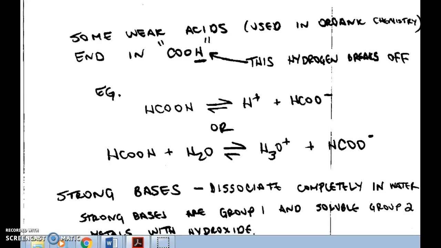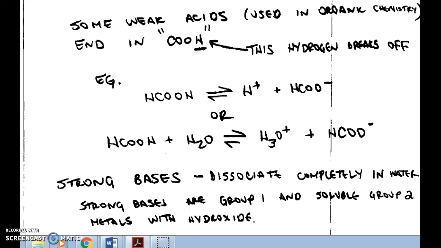So there's an example both of the simplified version and the version with water of this acid that's known as methanoic acid. And you can see it's splitting up into the H plus, and then what remains of the molecule is the anion, both with water included and not.